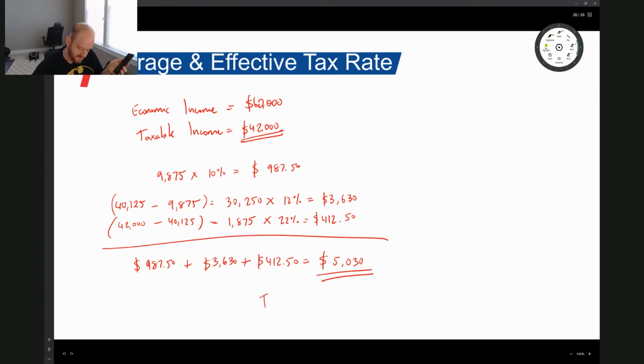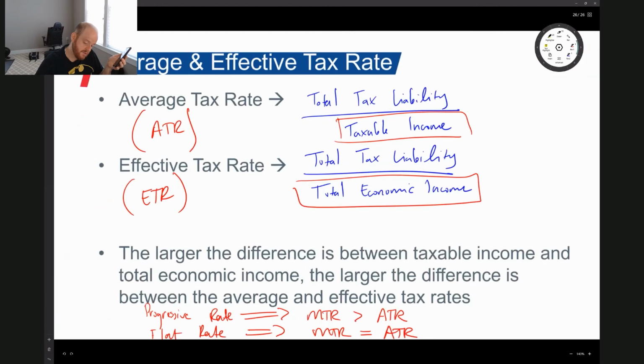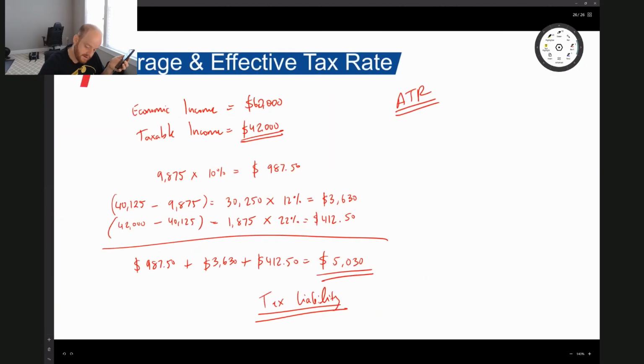So this is his tax liability, right? So let's calculate his average tax rate. What was average tax rate? Average tax rate was total tax liability over taxable income. So his total tax liability is $5,030. His total taxable income was $42,000.